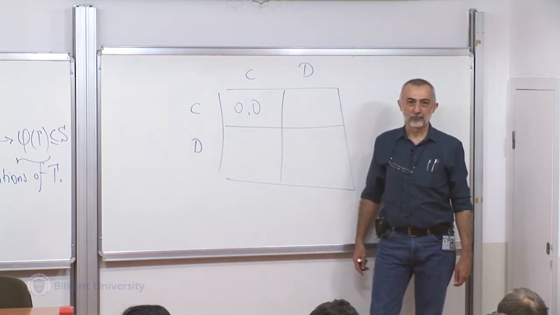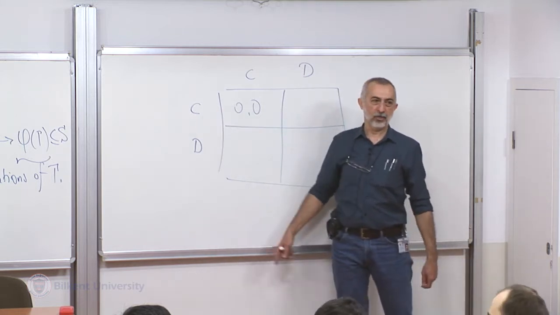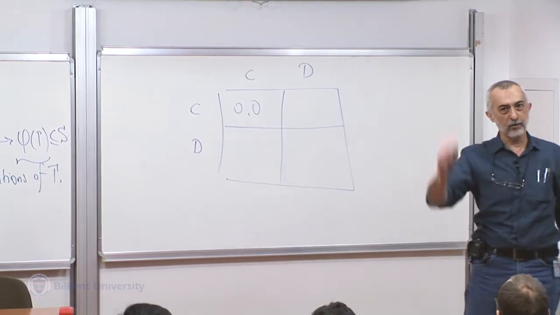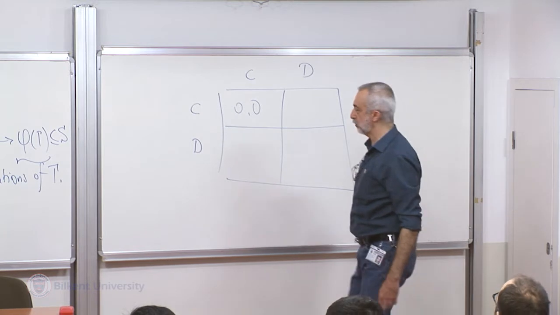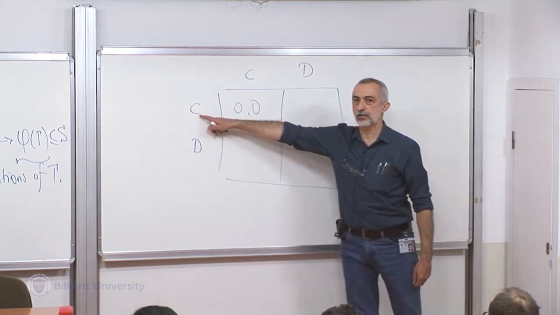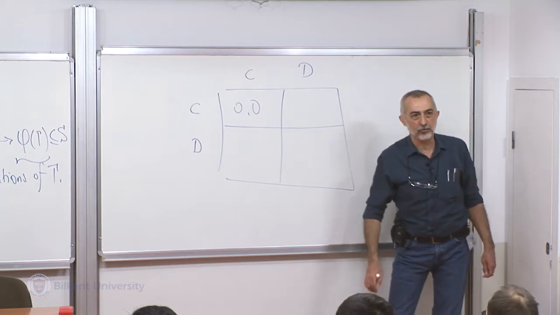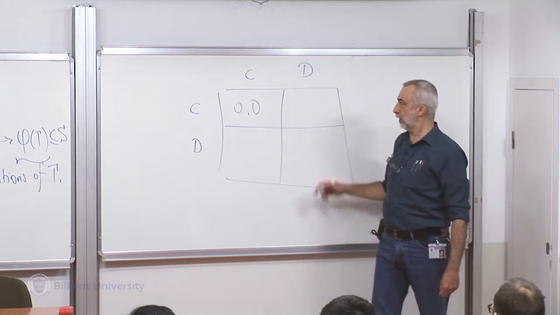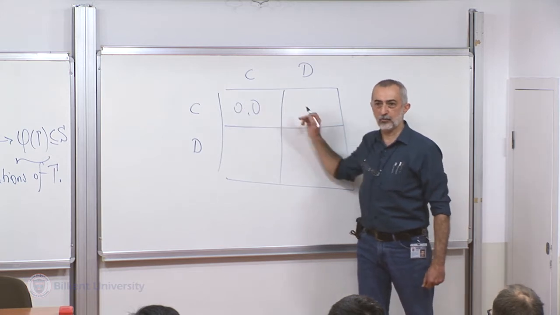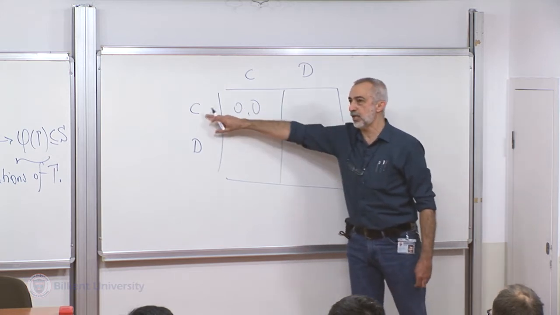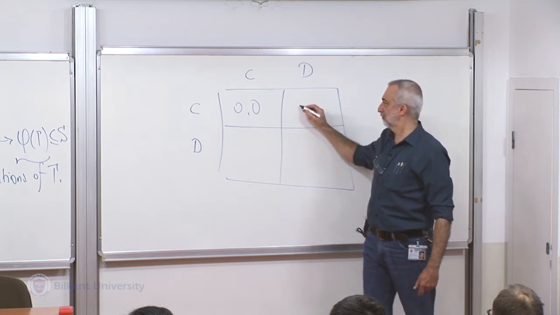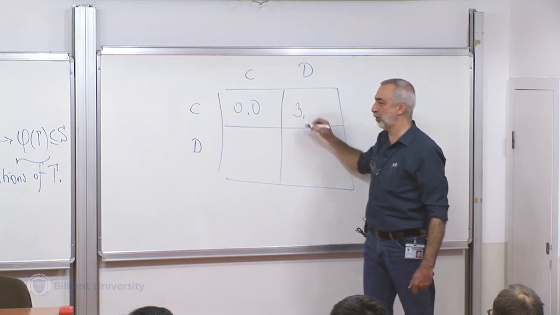But if one of them has written, so let's call the one on my left player 1, student 1, the one on my right hand, student 2. If student 1 has written C and student 2 has written D, I will increase the grade of the student who wrote C by, let's be generous, 3 points.